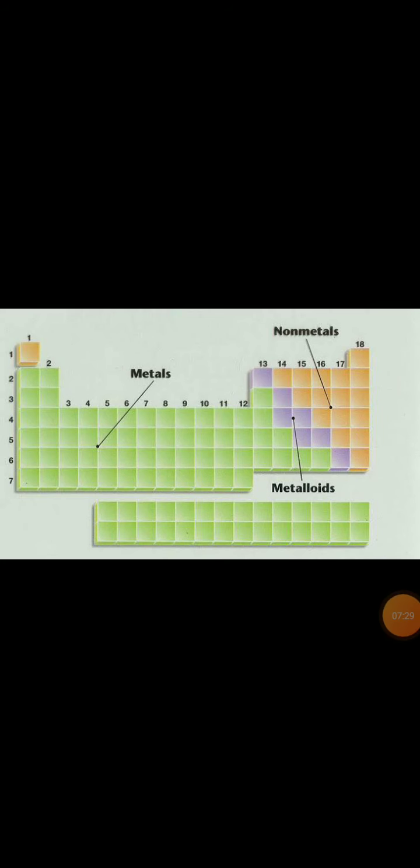So as we can see, the metals like sodium, magnesium are on the left hand side of the periodic table, and non-metals like sulfur and chlorine are on the right hand side. Here I have taken only two names, but we can say that all the non-metals are on the right hand side of the periodic table.